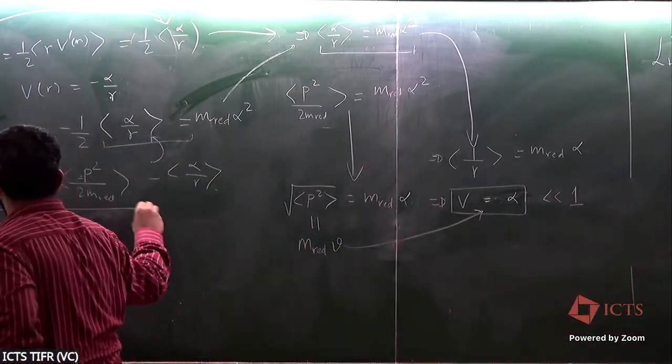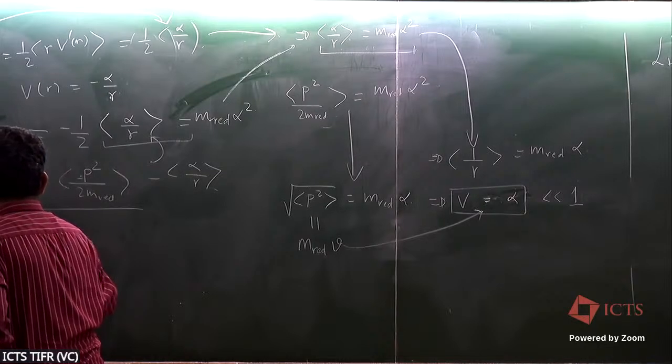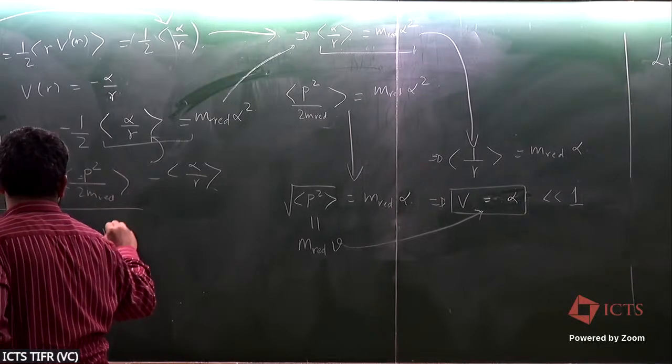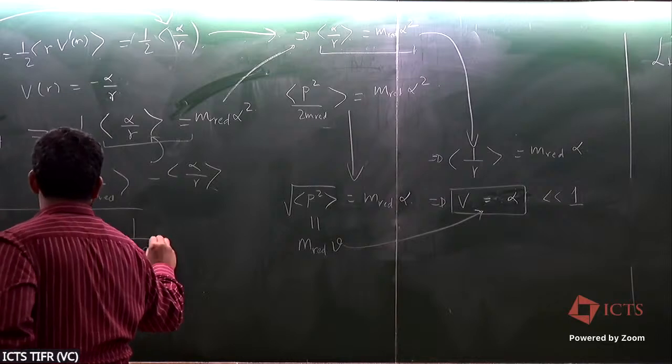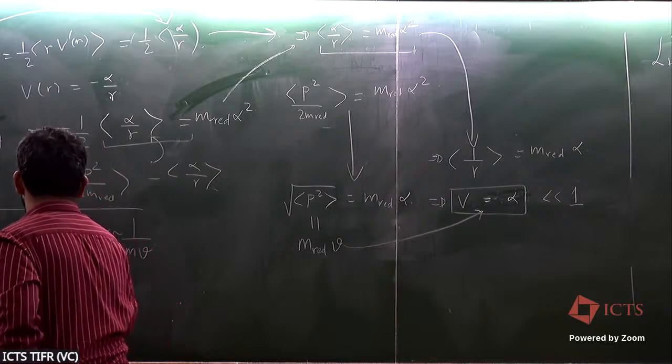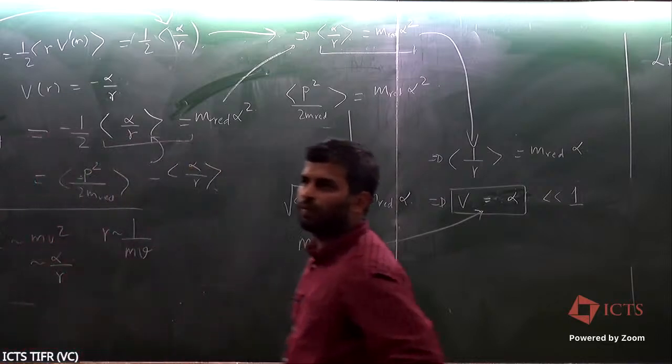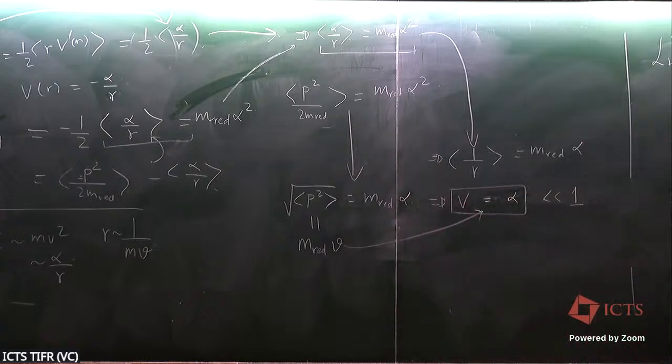So these two will cancel. The momentum is MV, and alpha is V. Now you have all the scales. The hard scale, M. There's a small velocity. The next scale is MV, that's the momentum. The next one is the kinetic energy, which is MV square. Now in terms of alpha, you have a hierarchy of scales.